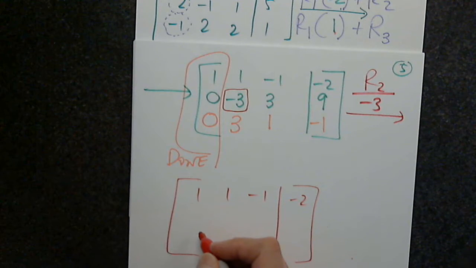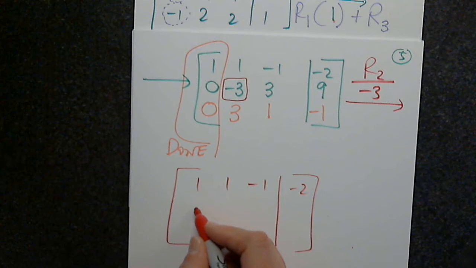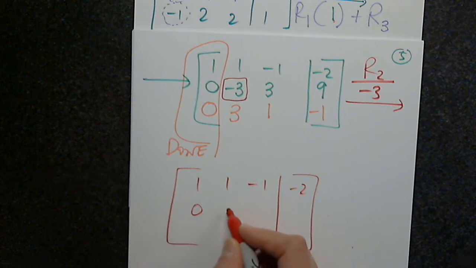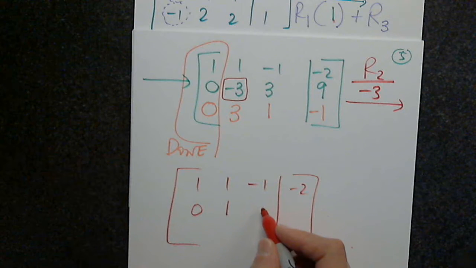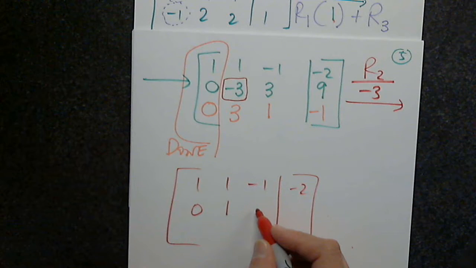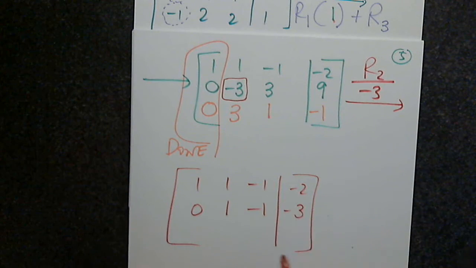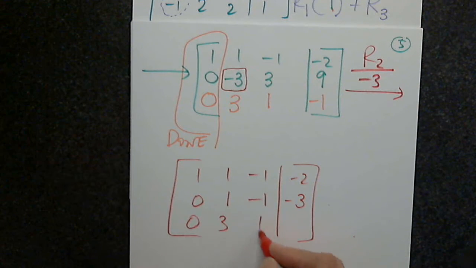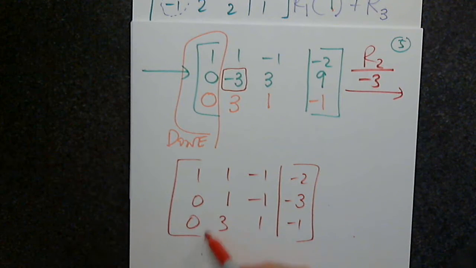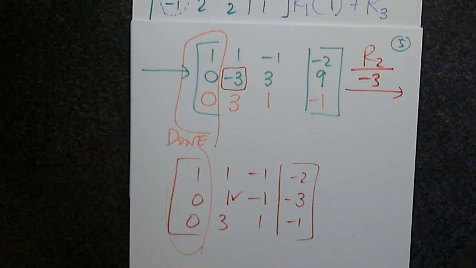Give me the second one, please. 0, 1. Negative 7. 9 divided by negative 3 is negative 3. So 0, 3, 1, and negative 1. This is done, and also this is done.